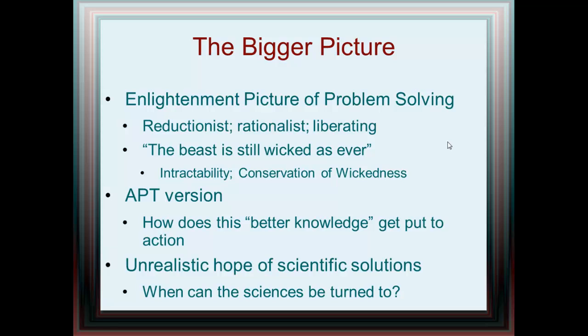Does this really mean we need to totally get rid of our vision of problem solving? And if that's so, does this APT version, where we adapt and are more participatory and transdisciplinary, where we allow in more input from various partners, help us solve it as opposed to this old Enlightenment method? And if so, how do we put this better knowledge into action?